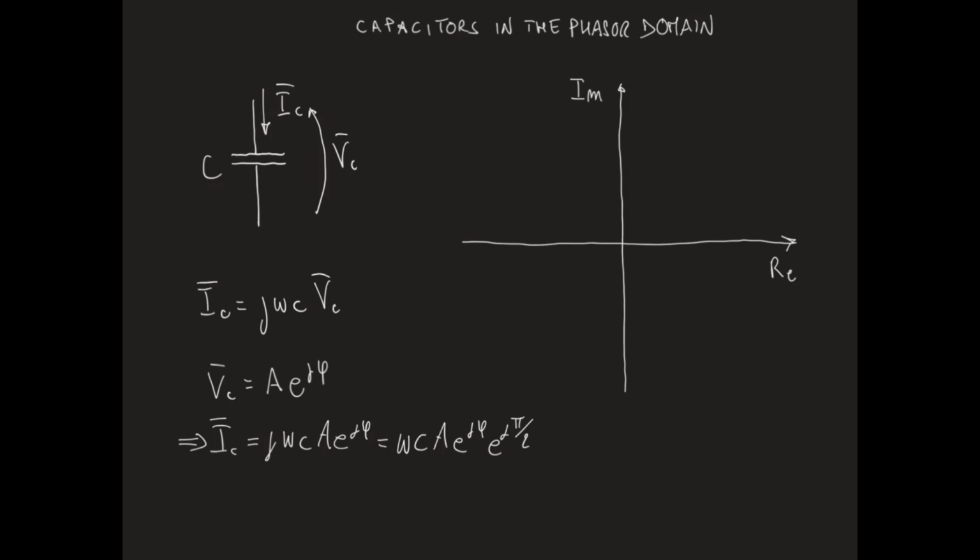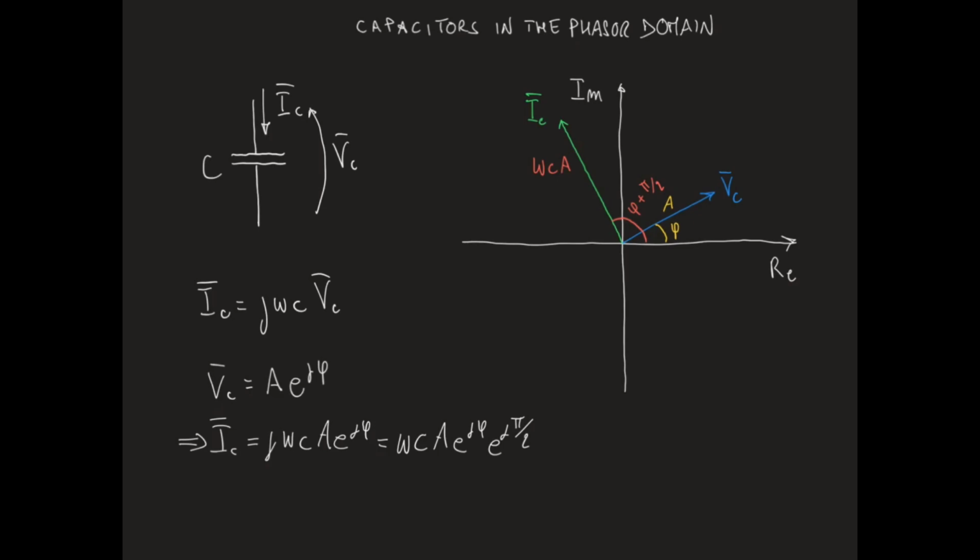In the complex plane, the phasor Vc will be represented by a vector with the length A and the phase phi. The phasor IC will instead be represented by a vector with the length omega C A and the phase phi plus pi divided by 2.